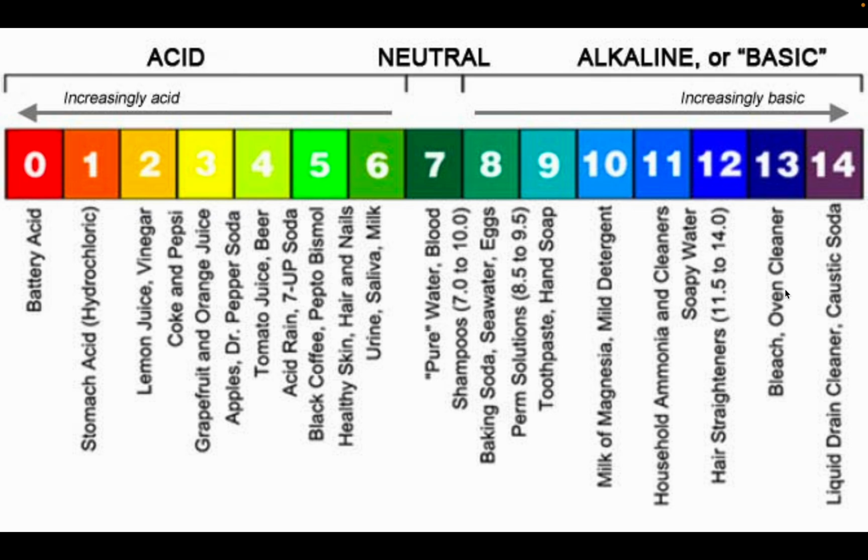Note that if we flipped this scale, it would be the pOH scale. So battery acid has a pH of 0, it would have a pOH of about 14. And similarly, liquid drain cleaner would have a pOH of 0 approximately.